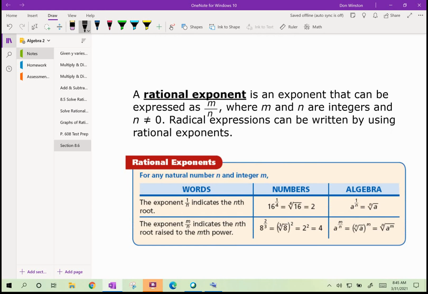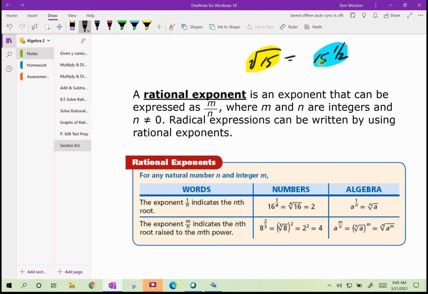Okay, so as I mentioned before, the square root of 15 is equal to 15 raised to 1/2. This is the radical expression, and this is the rational exponent. We have this rule: a raised to the 1 over n is equal to the nth root of a.